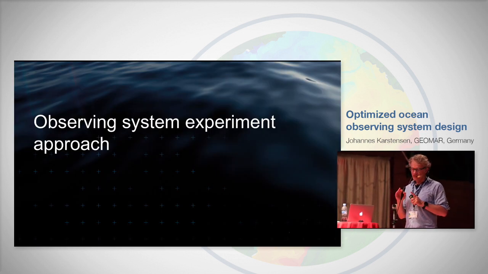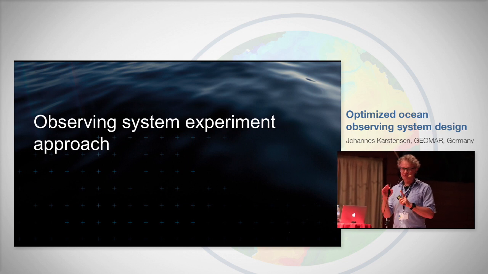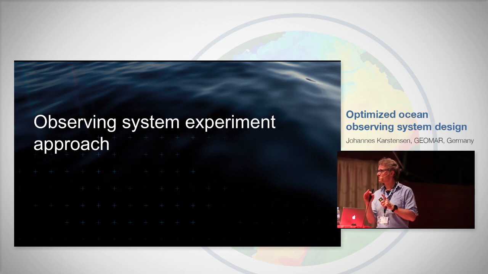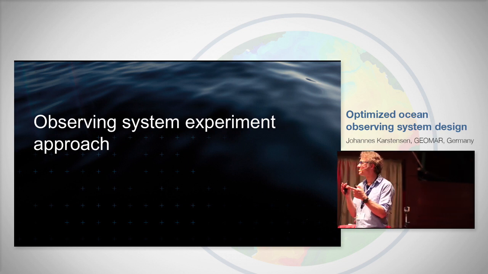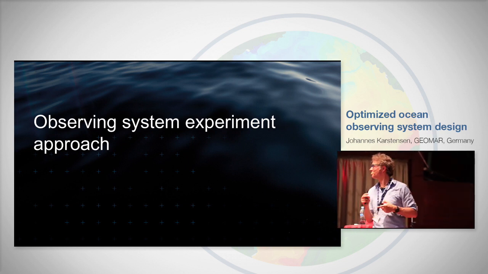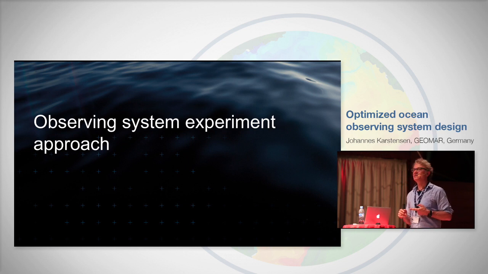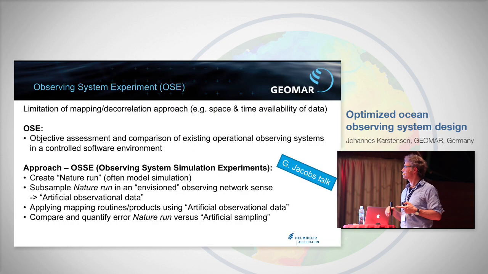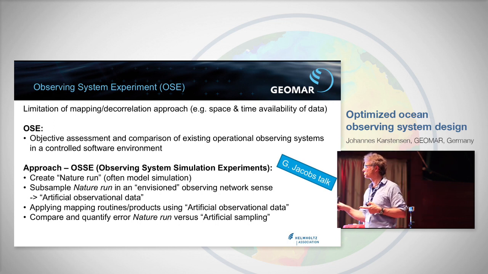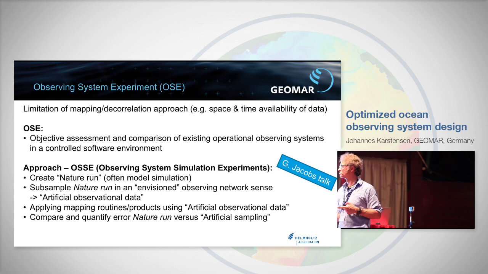Okay, so these were examples of two different types of observing platforms, and I showed you with mapping an approach for how to design a network like Argo. There are other approaches, observing system experiments. Yesterday this was already touched on in Jacob's talk, and I think today as well.